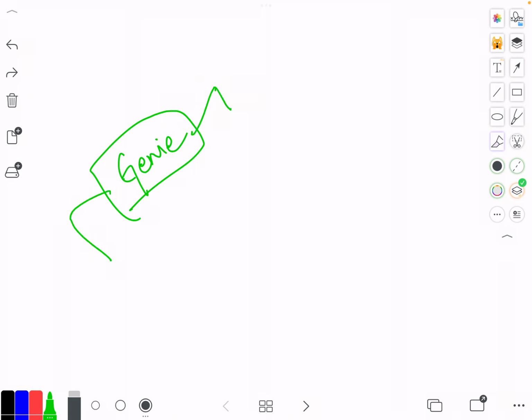And recently, if you have heard, Google came out with Genie. It's another kind of model which is going to get released. It's up in the market, you can search.